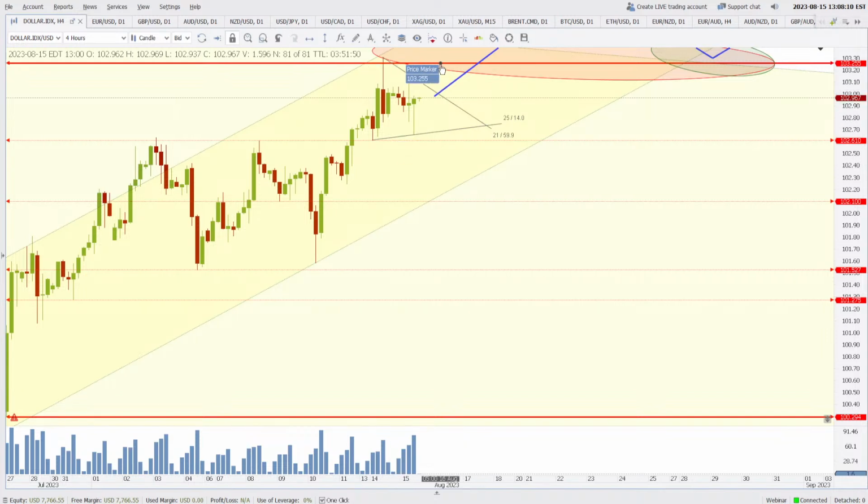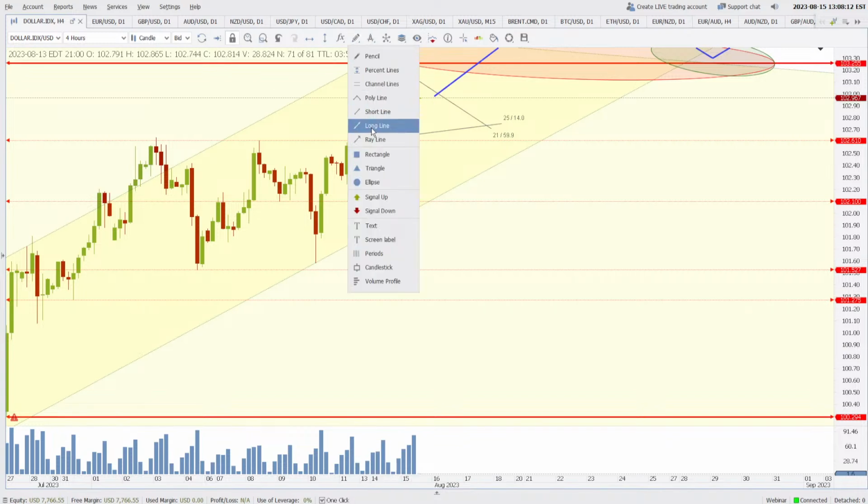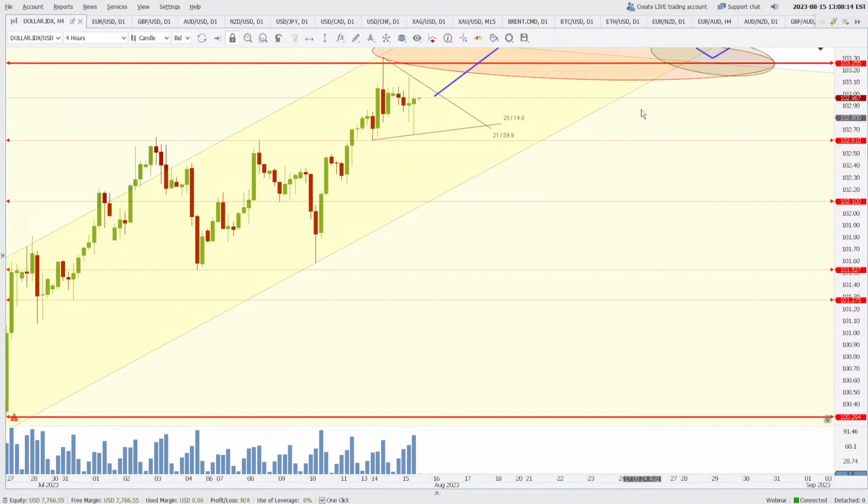Now one more thing that you have to be sure in your mind is that I am writing here: higher time frame levels are always dominant over lower time frame.